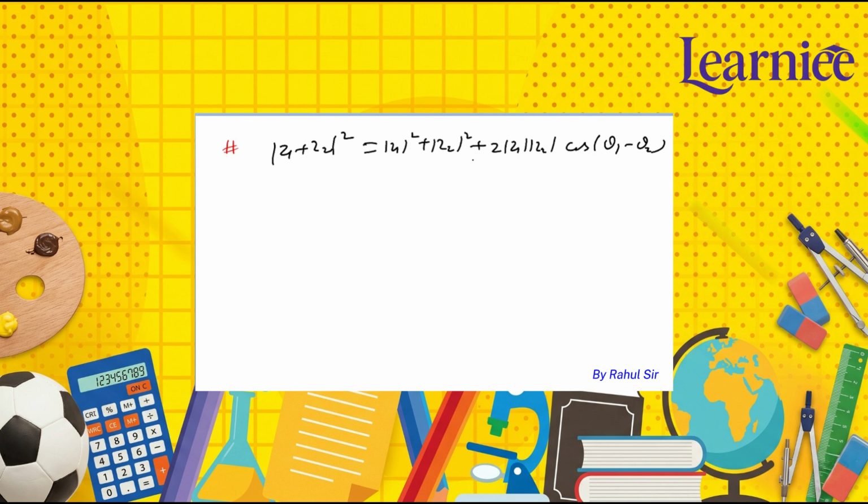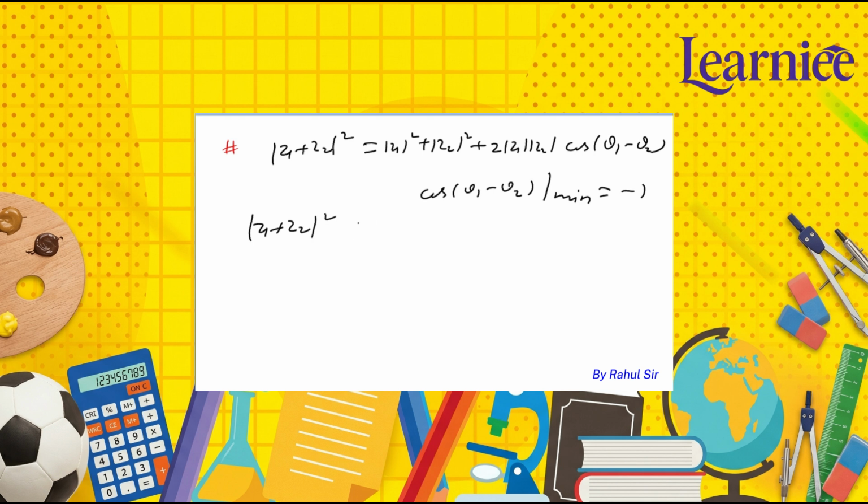So here, when cos(theta 1 minus theta 2) has a minimum value of minus 1, I can say that |z1 plus z2| squared has a minimum value.